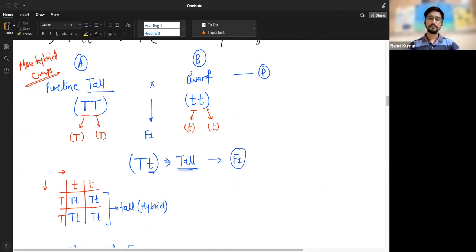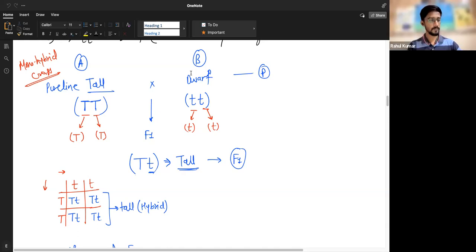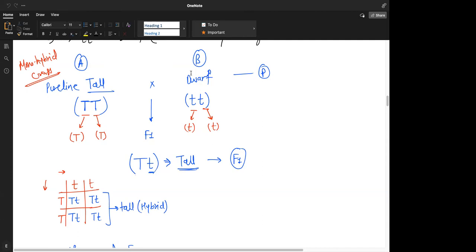If one parent is tall and one parent is dwarf, then in the F1 progeny, we get all the progeny as hybrid tall.